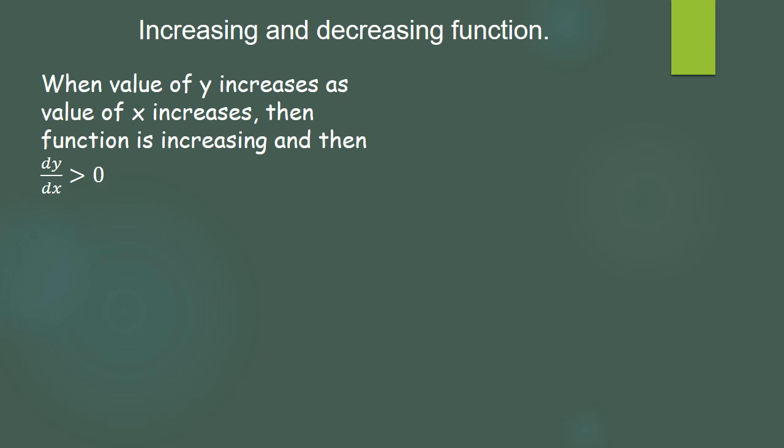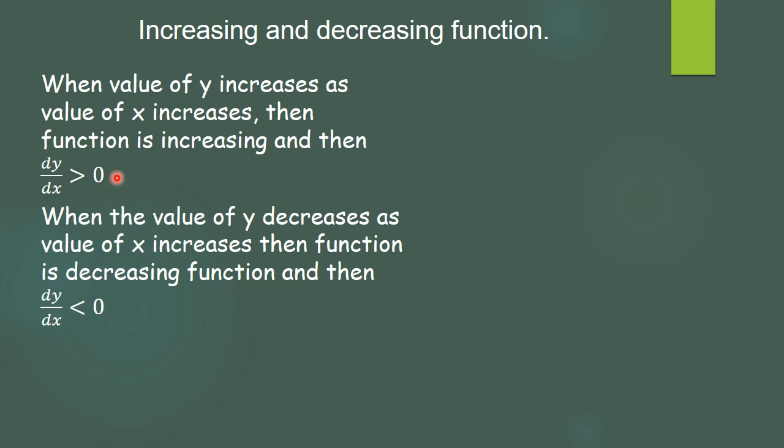So when y increases as the value of x increases, the function is an increasing function, and in that case we always get dy by dx greater than 0. When the value of y decreases as the value of x increases, the function is a decreasing function, and in that case the value of dy by dx becomes negative.